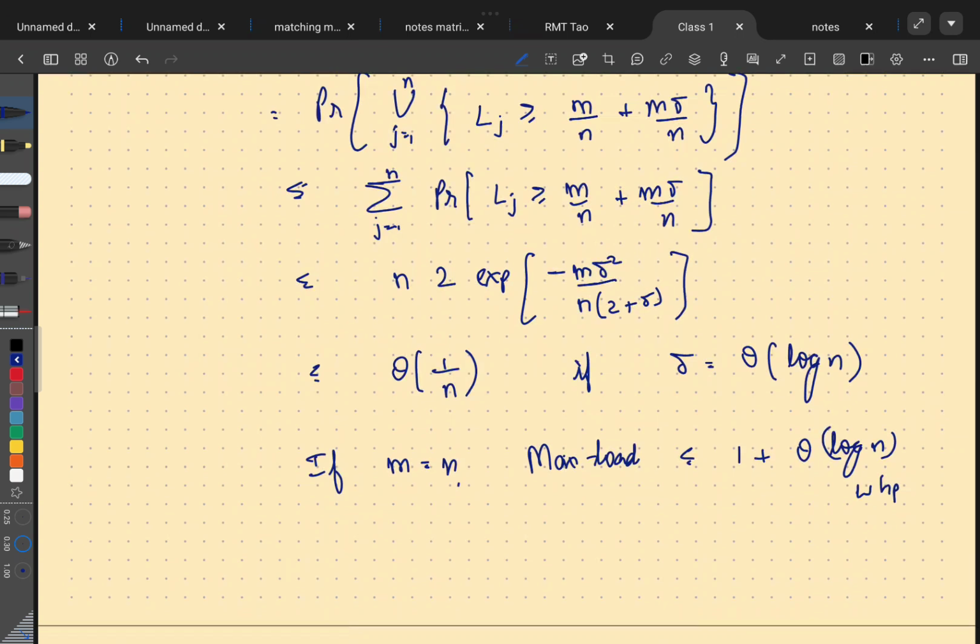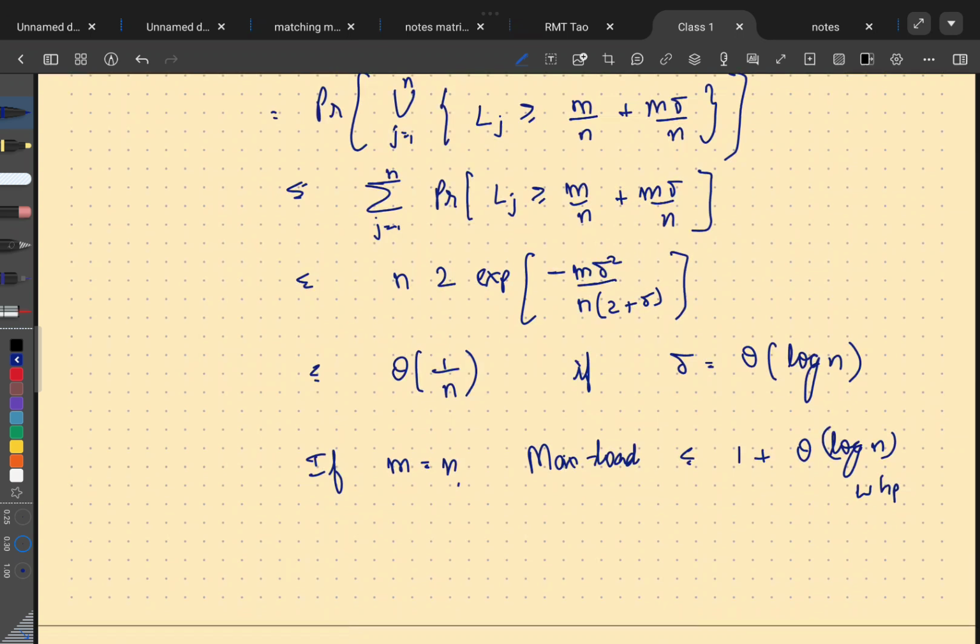In fact, in practice, for example in your AWS systems, what is implemented is a slight variant of this randomized allocation. As soon as a job comes, you pick 2 servers uniformly at random, and then out of those two servers, you see which one has a lower load, and then allot to that.